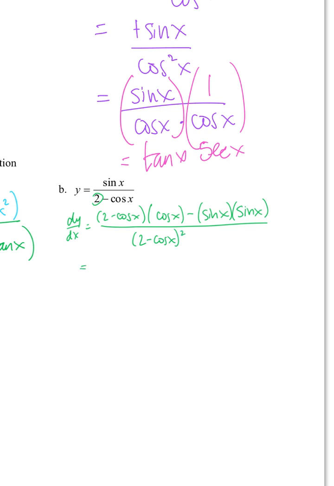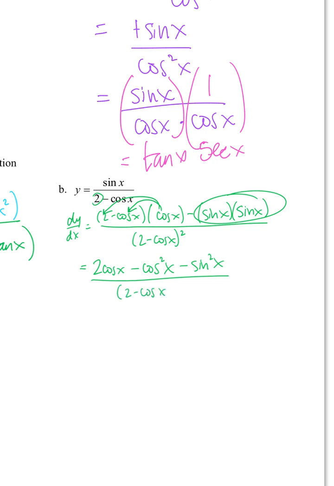All right, so let me simplify the top, okay? I'm going to show you what I'm doing here. Distributing here, okay? And here, multiplying these two together. So 2 cosine x minus cosine squared x minus sine squared x over 2 minus cosine x squared. Okay, now this is going to be some very cool algebra, but it may take you a second to see it.